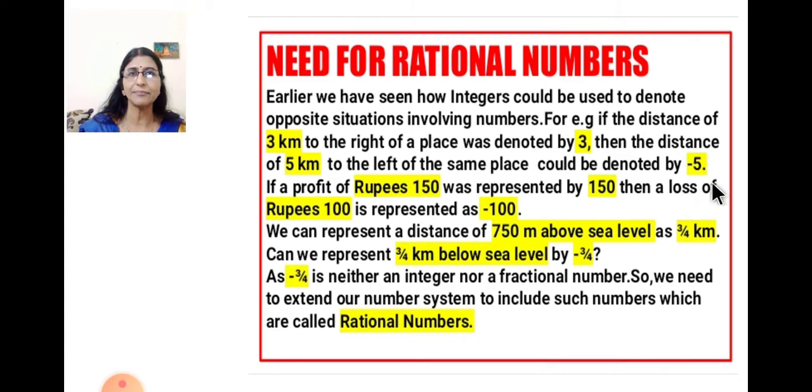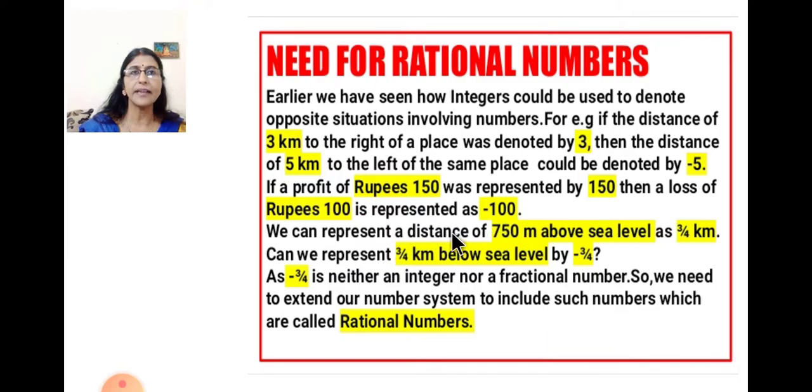This we have learned before. Another example: if a profit of rupees 150 was represented by 150, that means positive 150, then a loss of rupees 100 is represented by -100.